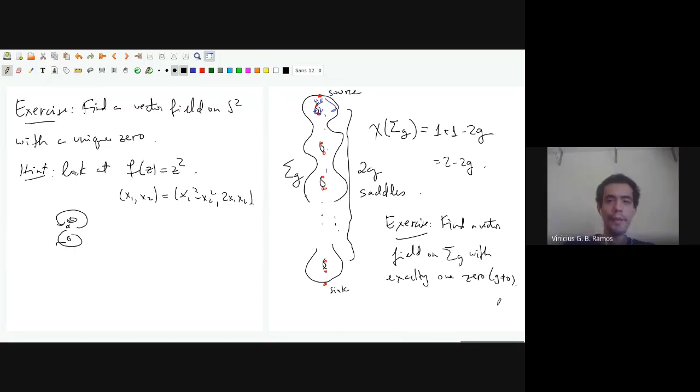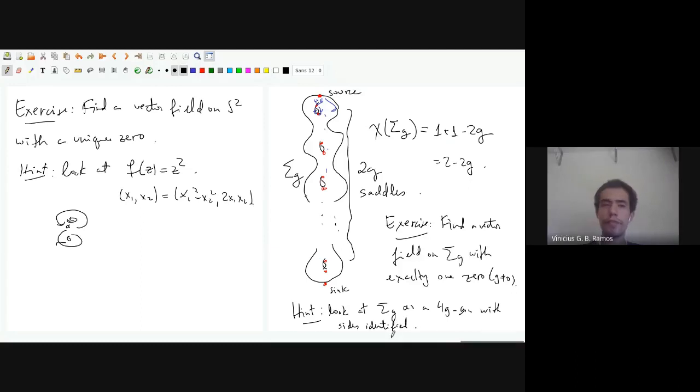Okay, so this is a little bit harder because it's really harder to see the surface, but a hint is to look at sigma G as a polygon, as a 4G-gon with sides identified.